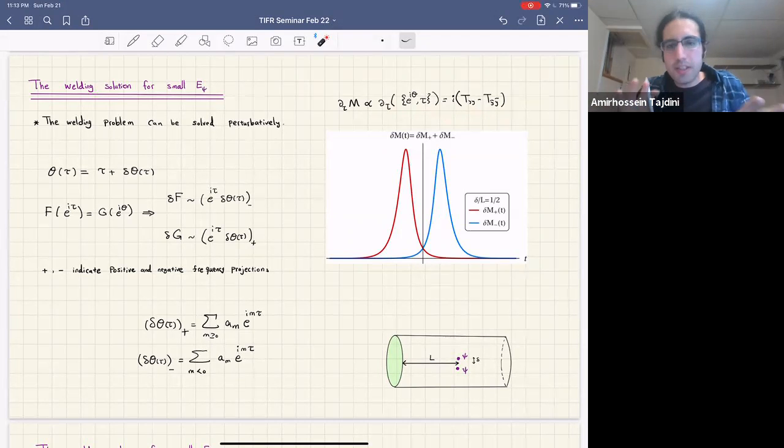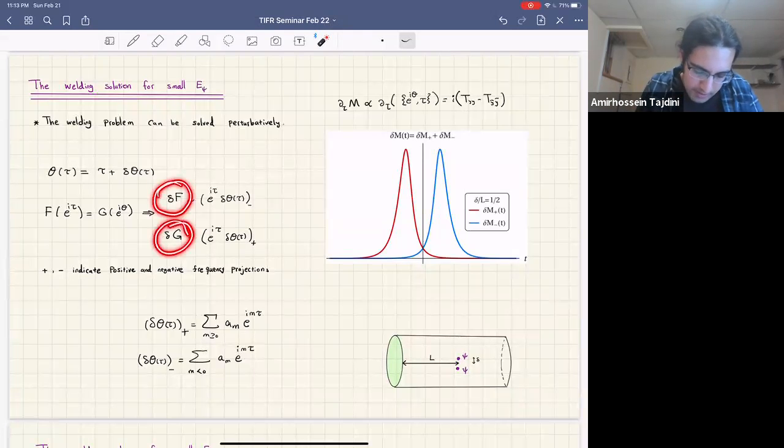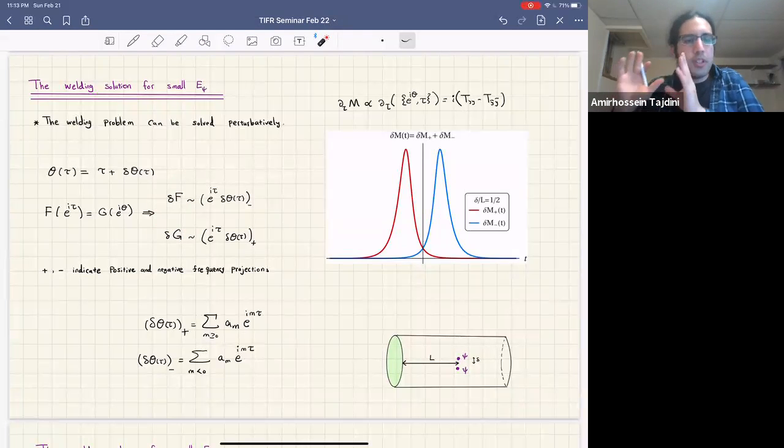I call them positive and negative pieces. These are the blue and red pieces, and the mass of the black hole is just the sum of these two. This happens because of the positive and negative frequency modes: for this delta F and delta G, you have to pick positive modes in one of them, and for the other one, you have to pick negative modes.